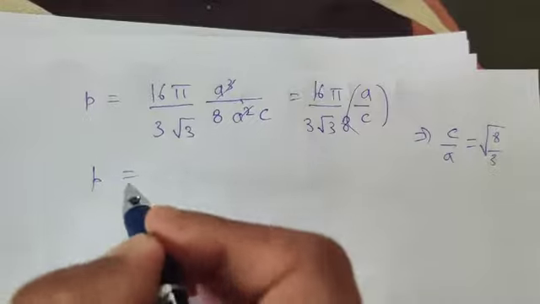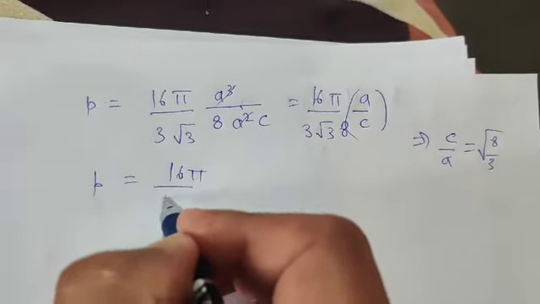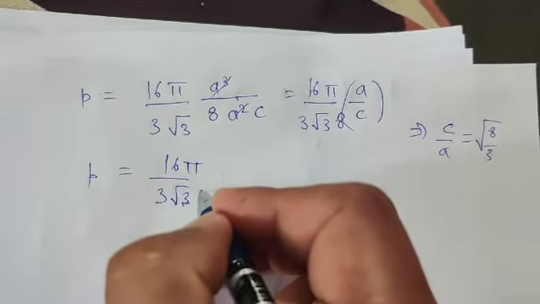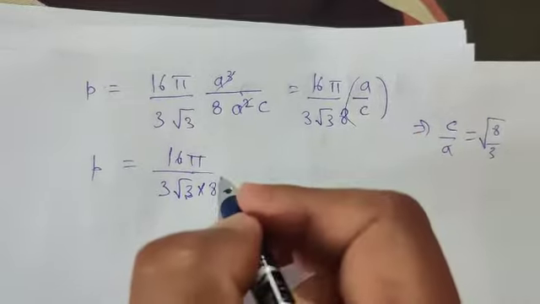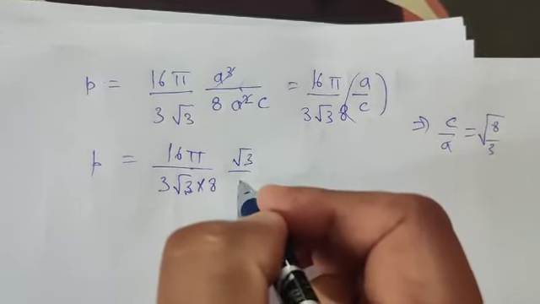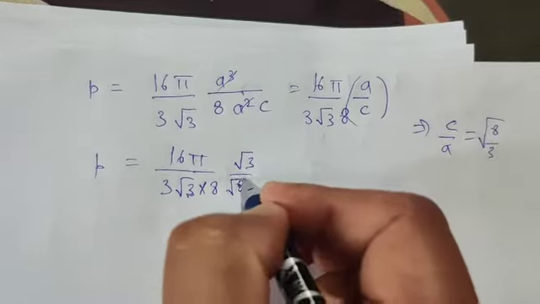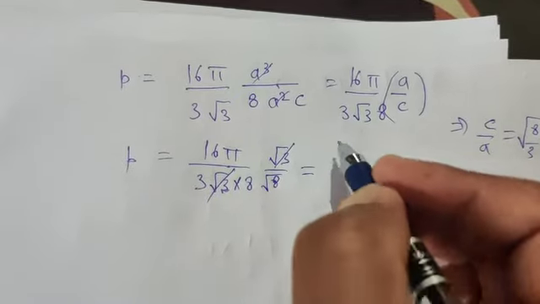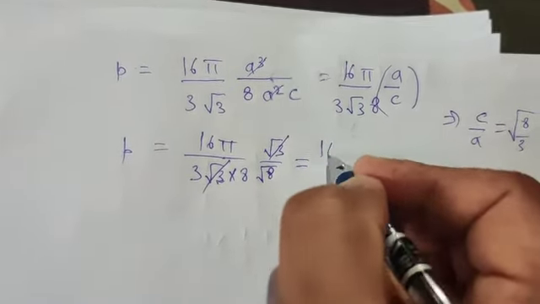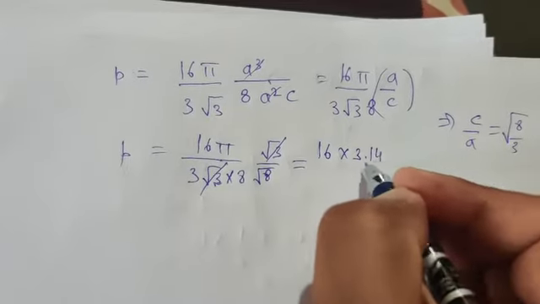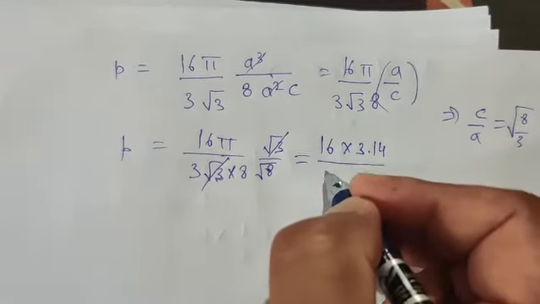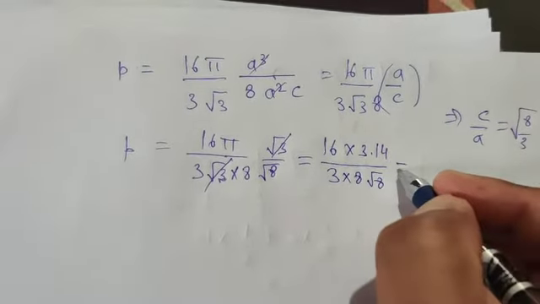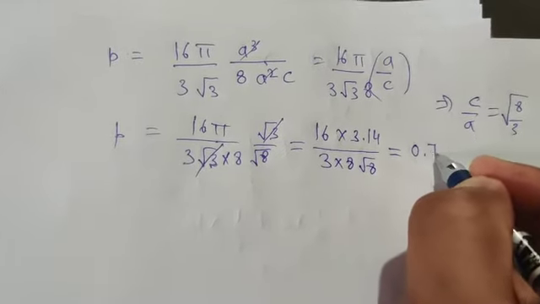If you put this in, it will be 16 pi upon 3 root 3 into 8, into under root 8 upon 3. If you put the value of pi as 3.14 and solve, this will be 0.74.